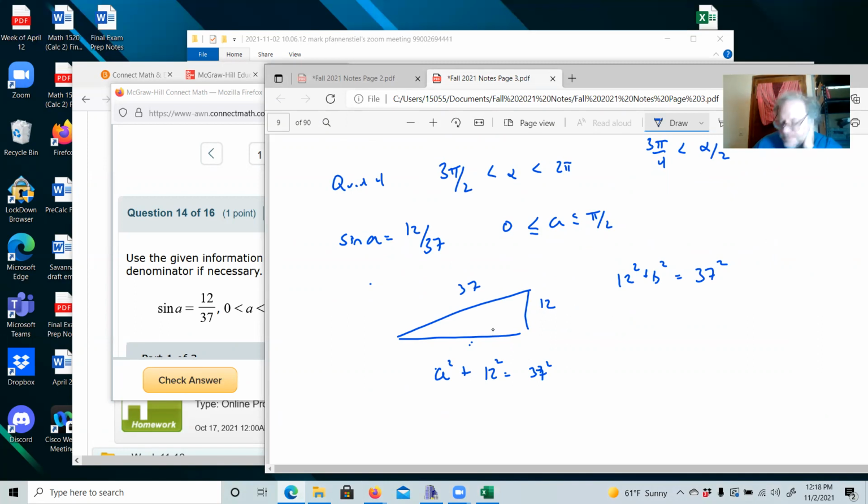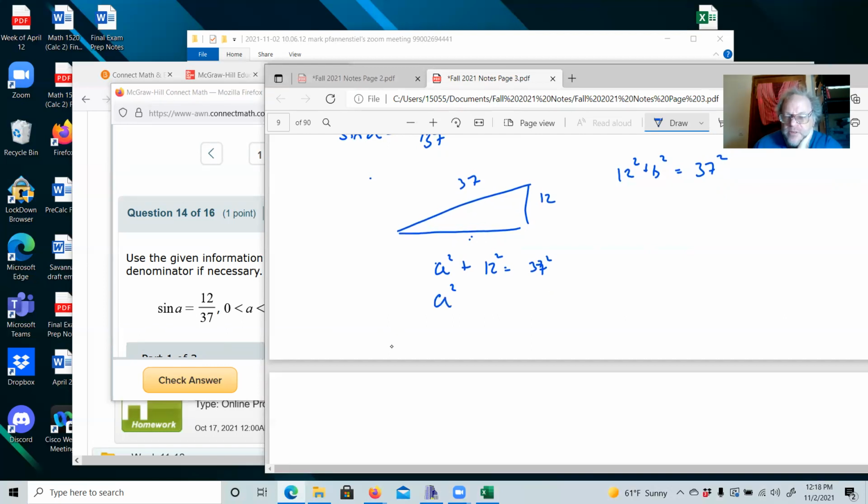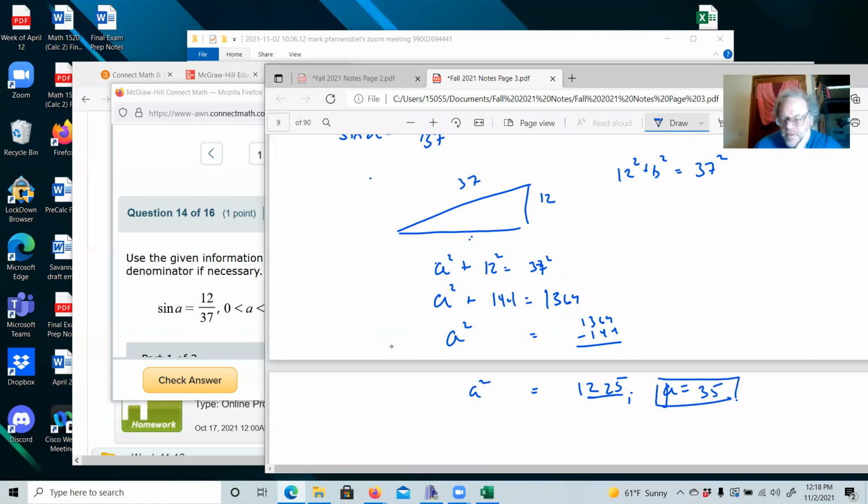Then a squared plus 144 is equal to 1369. So a squared is equal to 1369 minus 144, and we ended up with 1225. That doesn't look like a suspicious number, does it? But when I take its square root, we end up with 35. So this value here is 35.